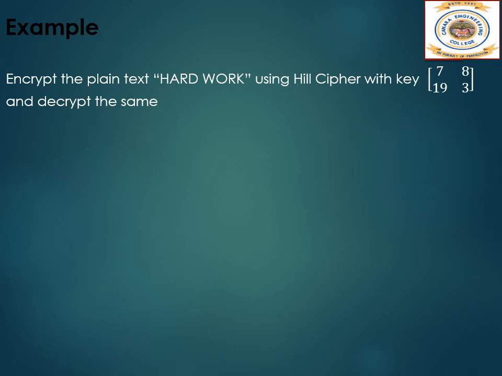So first, we know that for encryption we have to take C is equal to Kp mod 26. Now we know K is equal to a 2 cross 2 matrix. So this is 7, 8, 19 and 3.